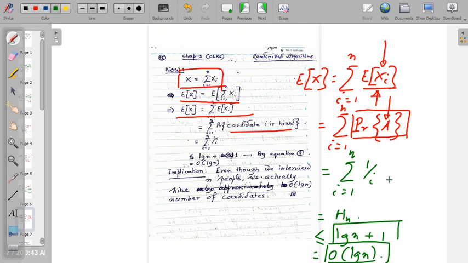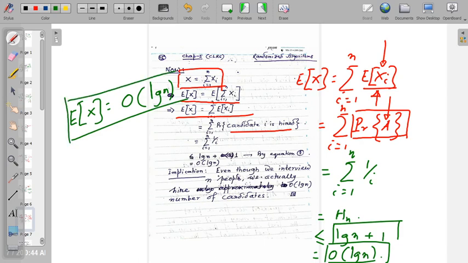So this is the result we are looking for: this expected number of hirings will be order of log n, and we have proved this. So this is proved.